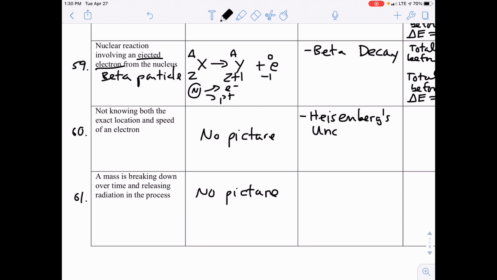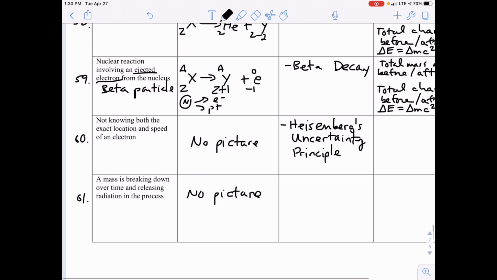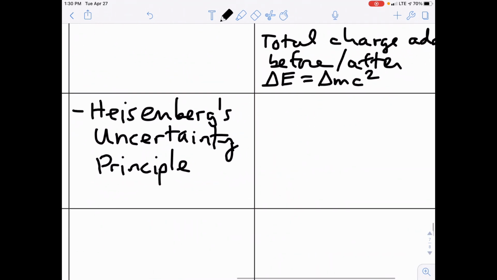You can know about approximately where an electron is going to be in its orbit around a nucleus. You can approximate its speed at any one point in time, but you cannot know both simultaneously. That cannot happen. And so the relationship we can use with that is delta x, the position, times delta p, the momentum, which of course relates to the velocity. It's greater than or equal to h over 2 pi. That's the relationship. So you can either solve for this or this, but you cannot solve for both.